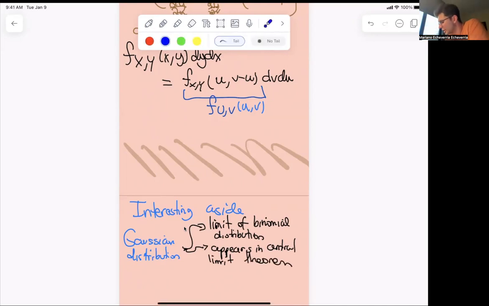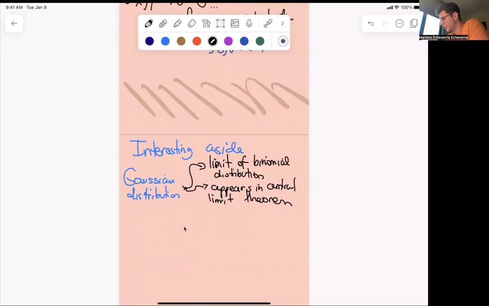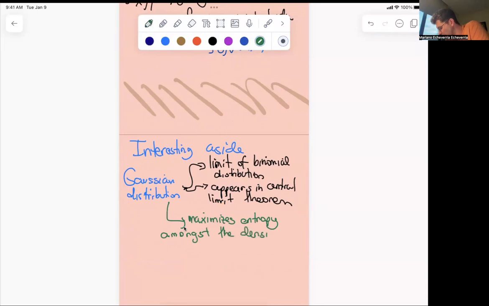So one chain of thought for why the Gaussian is important is its relationship with the central limit theorem. Another way to think of why the Gaussian is important is that it is the distribution, or density function, which maximizes entropy amongst the density functions with a given mean and standard deviation.